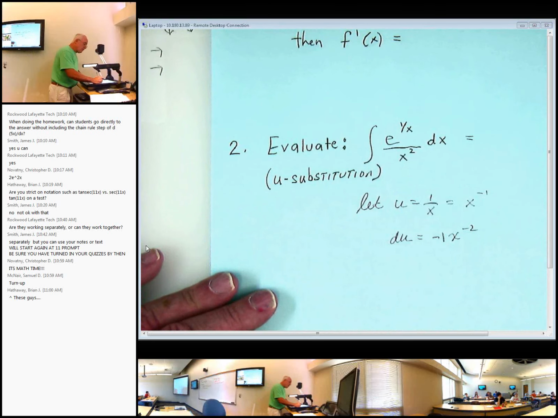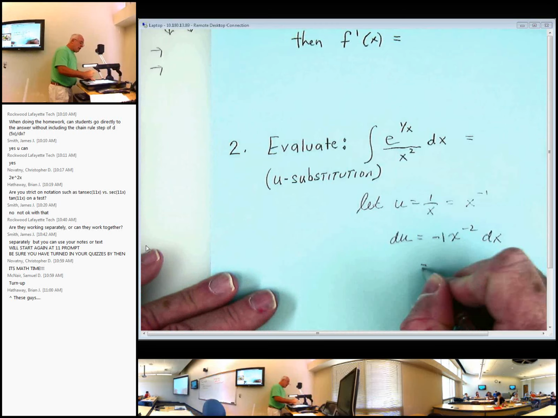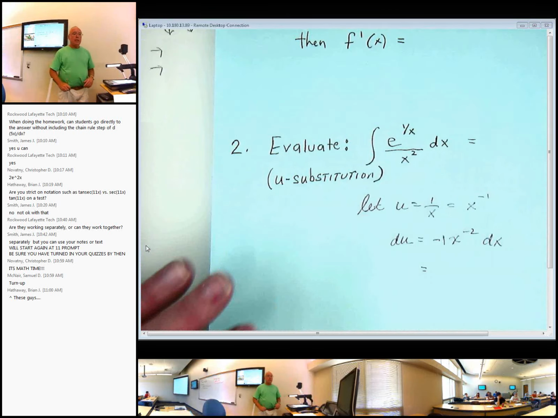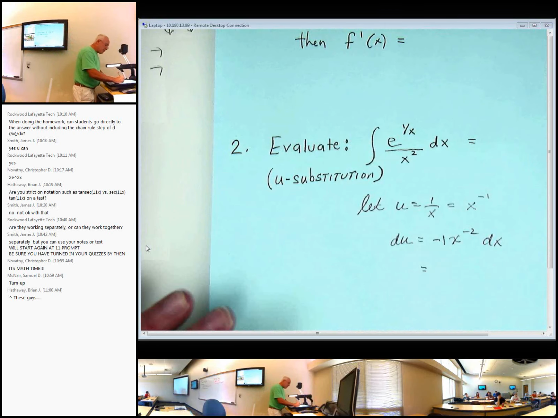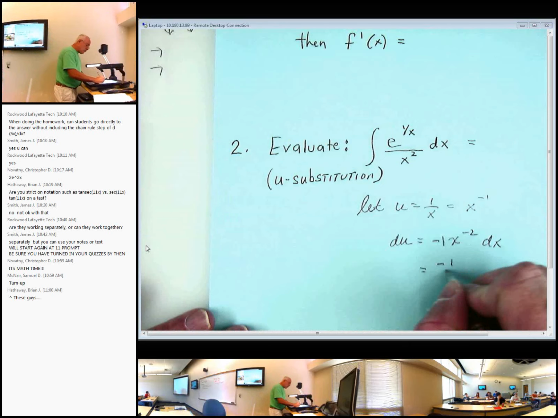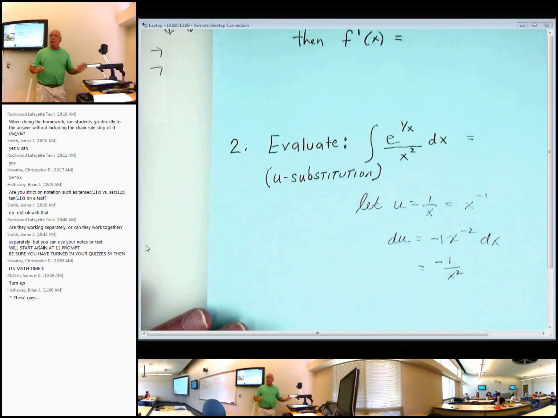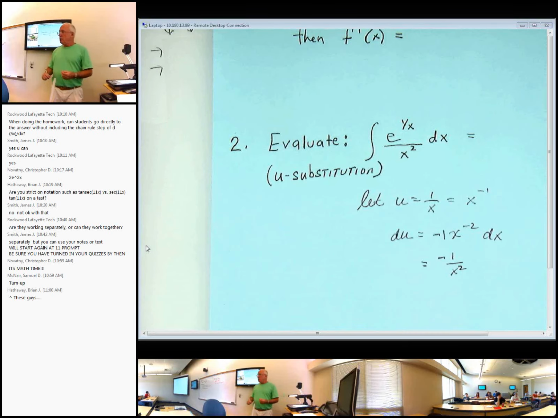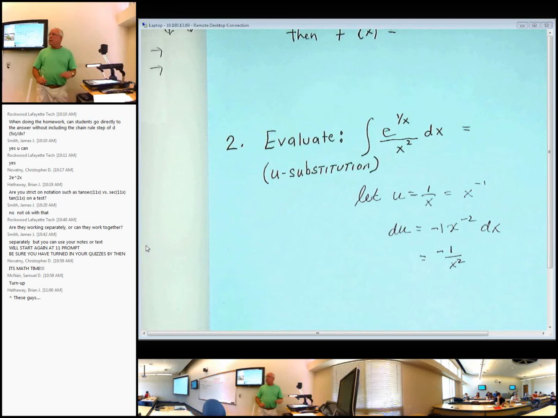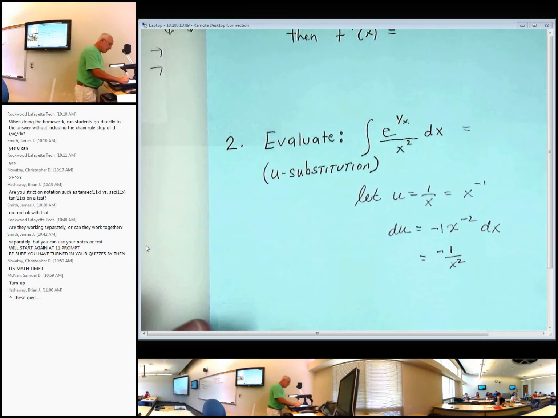And we tack on the dx. I can rewrite that as minus 1 over x squared dx. This is simple exponent manipulation: the negative exponent becomes positive if we put it in the denominator.